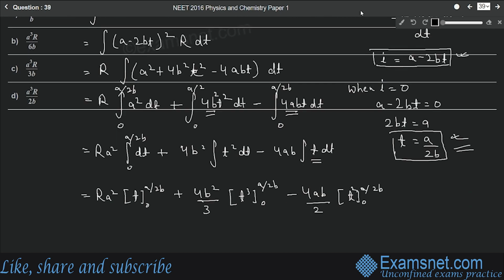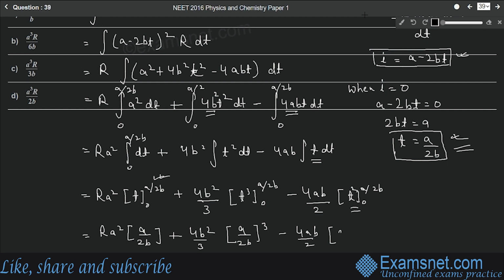So now simply integrate it. What do we get here? Here we'll get R A square times A by 2b. We'll write the value of t as A by 2b. Then here 4b square by 3 and here we'll get t cube, that means A by 2b cube, minus 4ab by 2 and t square is there, so A by 2b square.